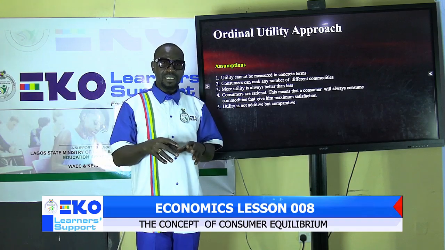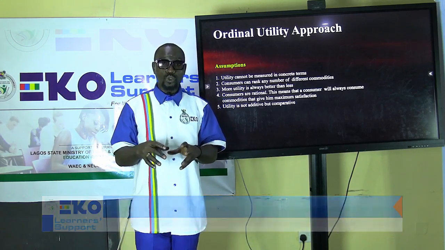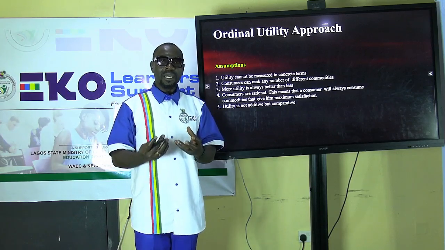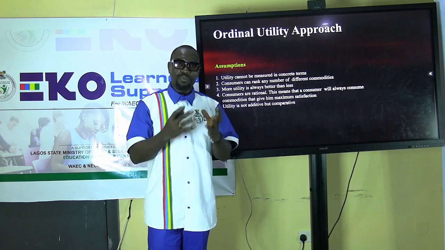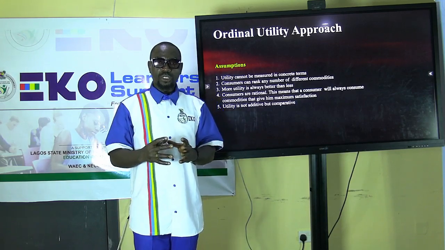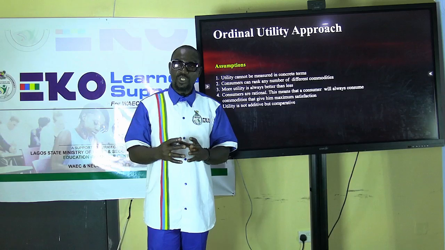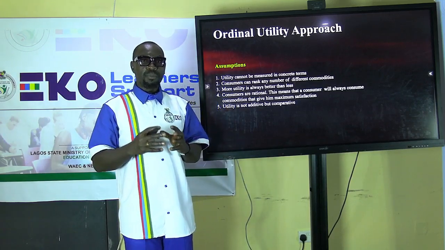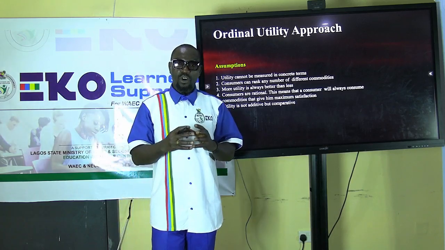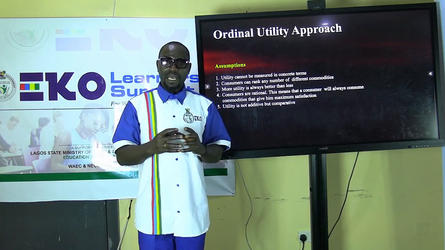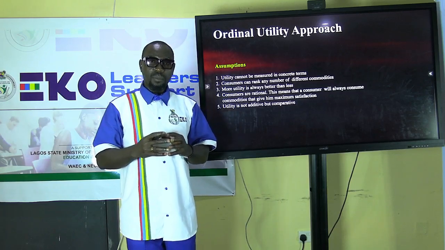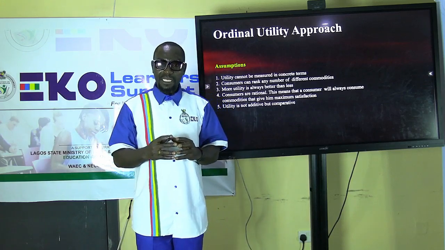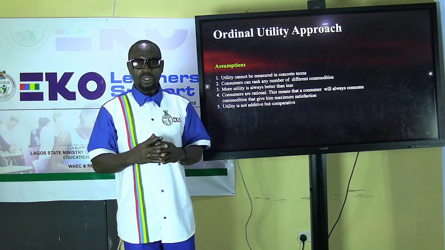And we have looked at a two-commodity scenario, where for the necessary condition, the ratio of marginal utility to price of product A must be equal to the ratio of marginal utility to price of product B. And for the sufficient condition, the product of the price of commodity A and the quantity of commodity A plus the product of price of commodity B and the quantity of commodity B is equal to the income.